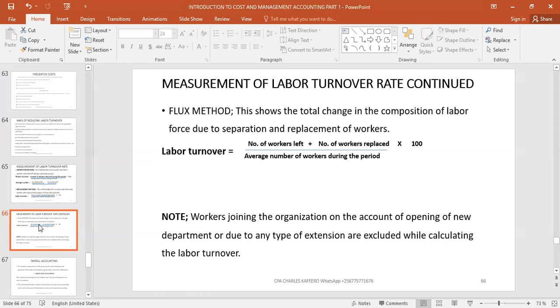So the note you are seeing down here is on the basis that the employees joining the organization should not be there as a result of the extension of the company or a department.